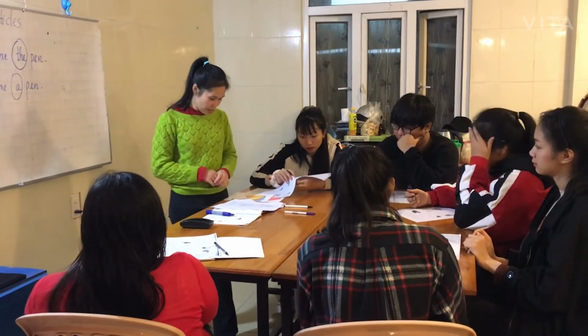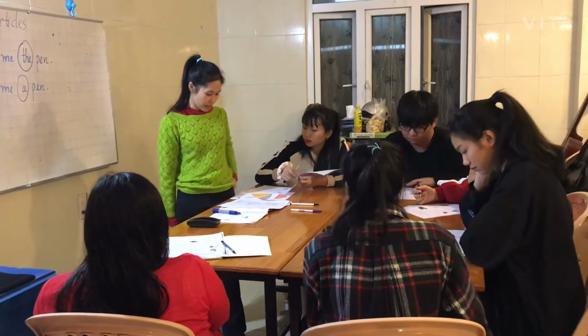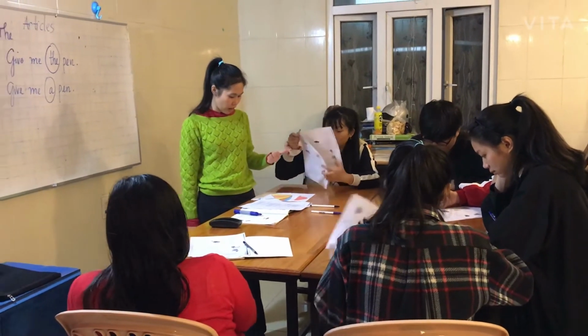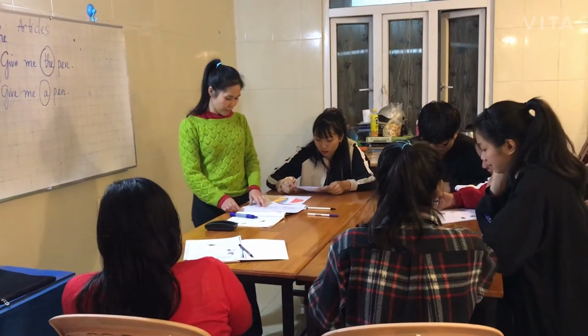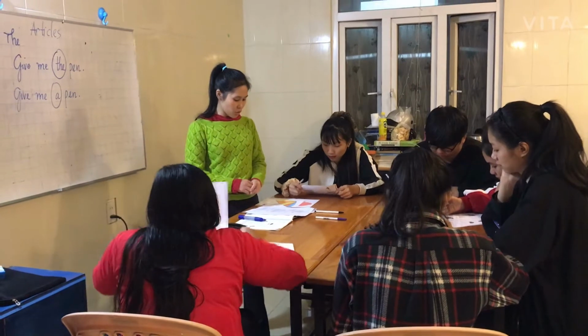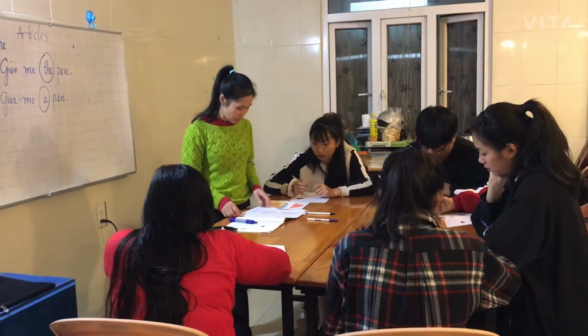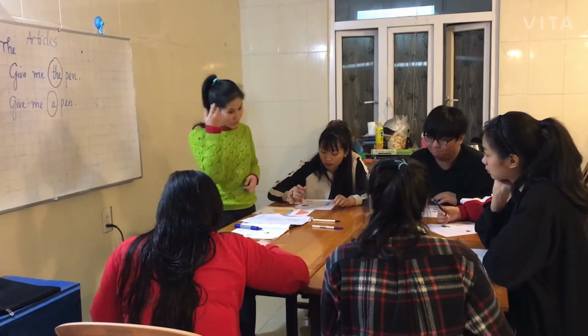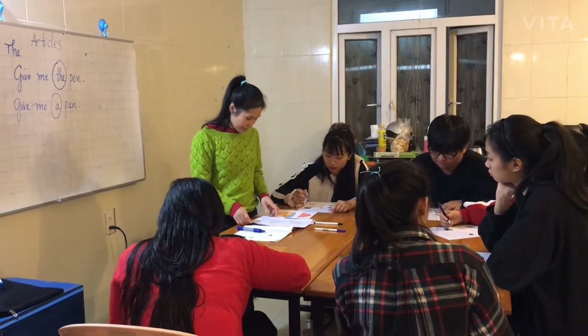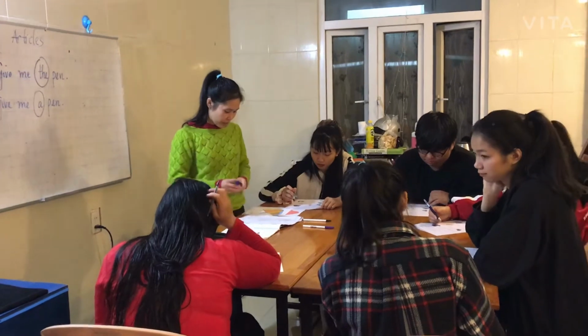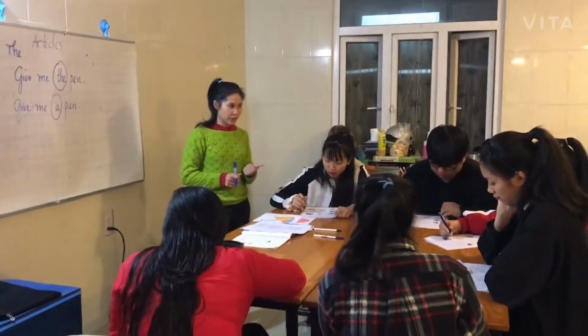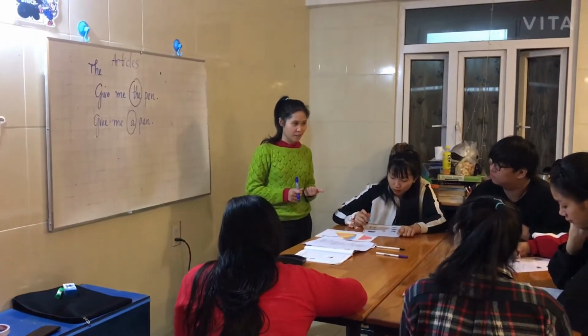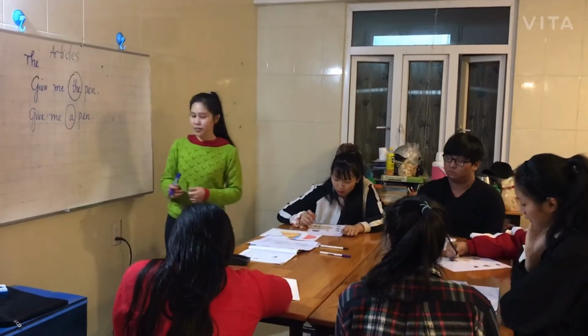And "the" refers to a specific noun, while "a" and "an" are indefinite articles because they refer to a more general sense of a noun. Because people will sometimes confuse which one. Okay, and when we use "the", I will give you an example like this.